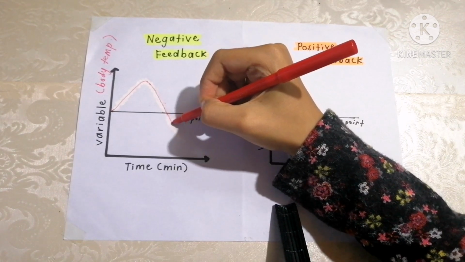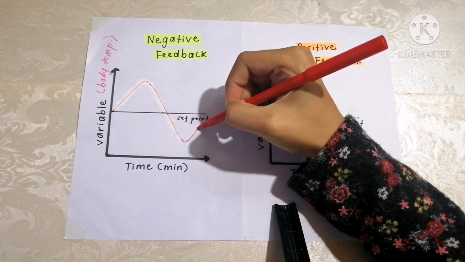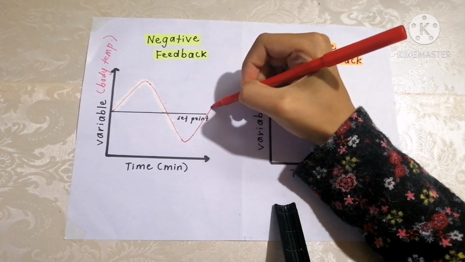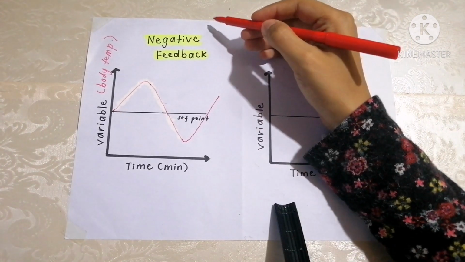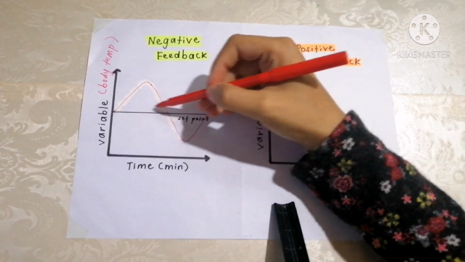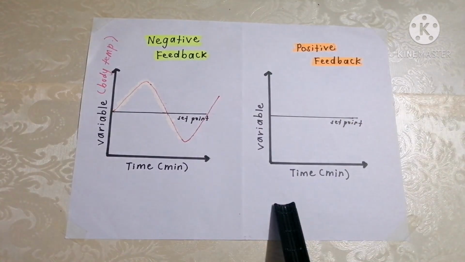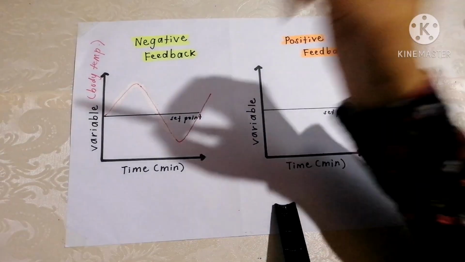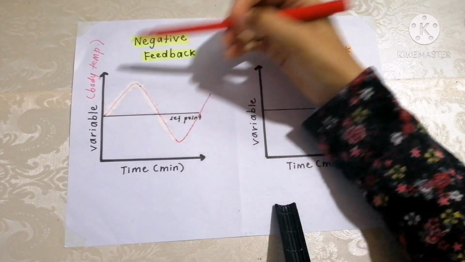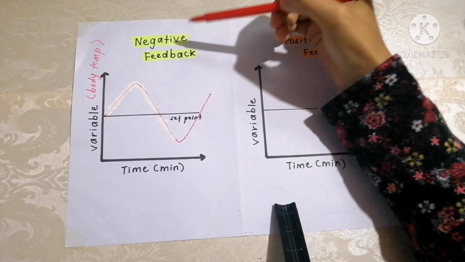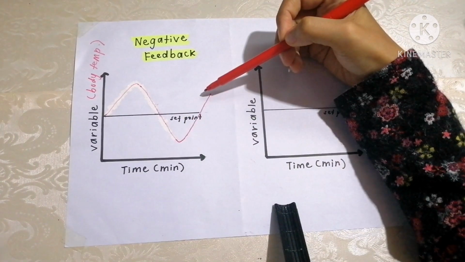And if our body temperature decreases, negative feedback will push back the variable to the set point. This negative feedback will keep within range of the set point, or can be said as the optimum state. So, whatever changes of the variable take place in our internal environment, the goal or the objective of negative feedback is to stabilize the system.